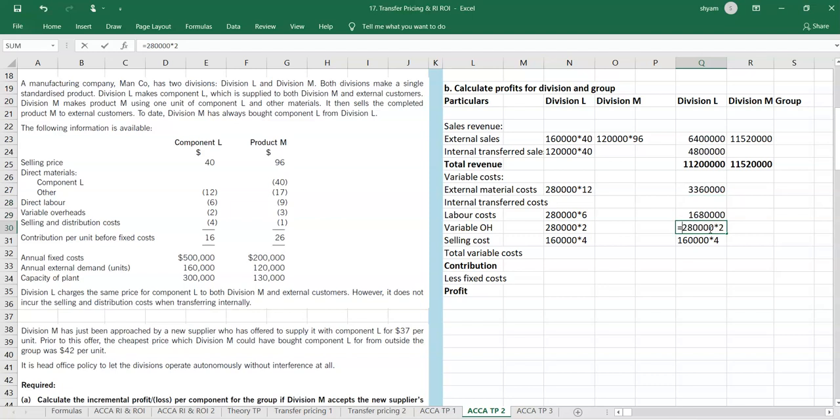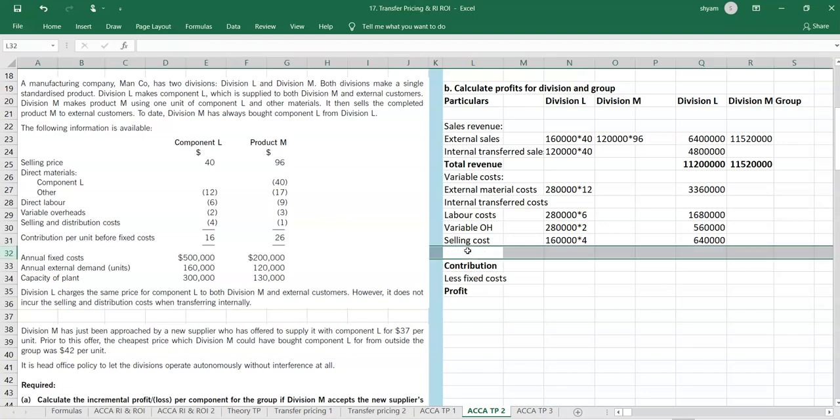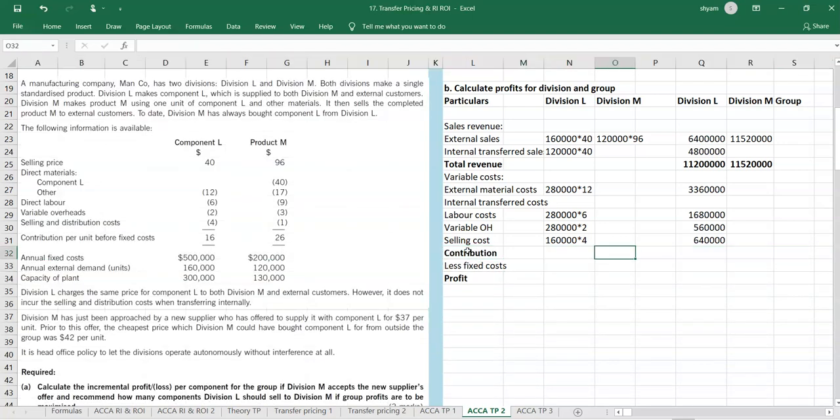So when you are going to solve, be very clear with the rules you studied in the theory. Okay, then solve them. So we don't need to have total variable cost. We'll remove it. We'll just say the contribution. So contribution is sales minus the sum of all these expenses.